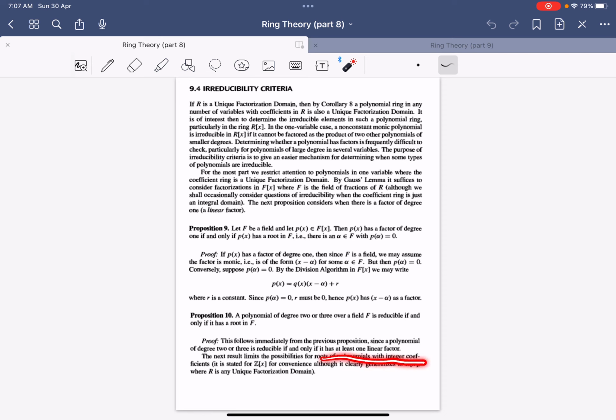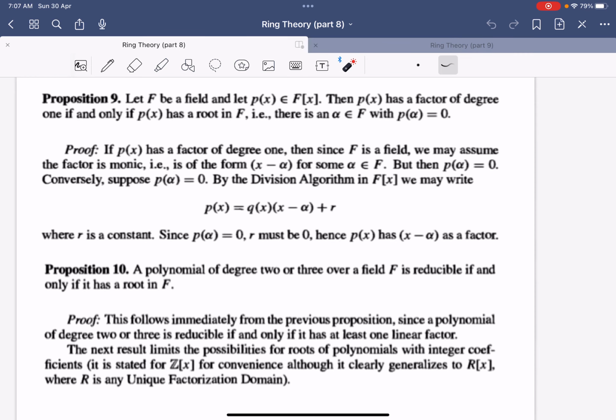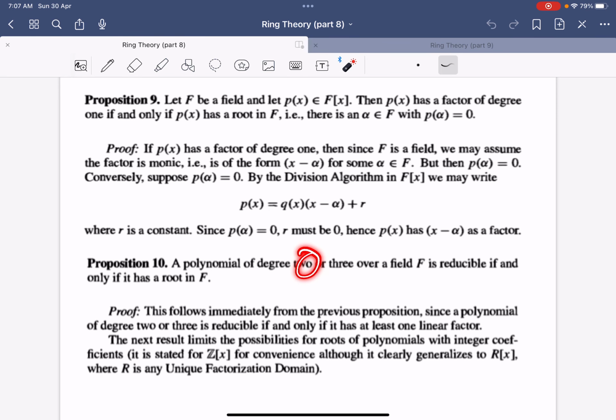If it's degree 2, like x squared, and it's reducible, then you can pull out a linear factor, so it must have a root by this proposition. And if it's a polynomial of degree 3, like x cubed minus 1, then you can still pull out a linear factor, and the other one must be a quadratic, so it must have a root.